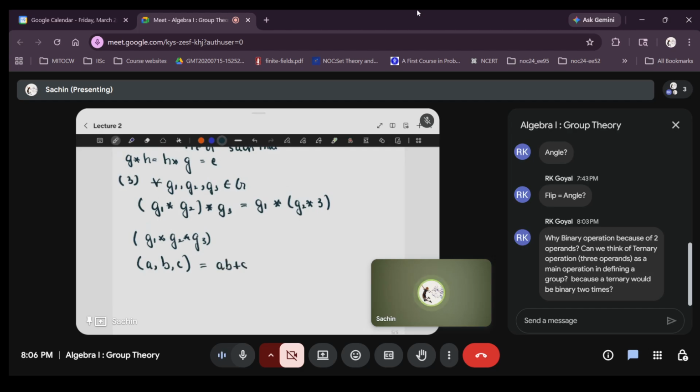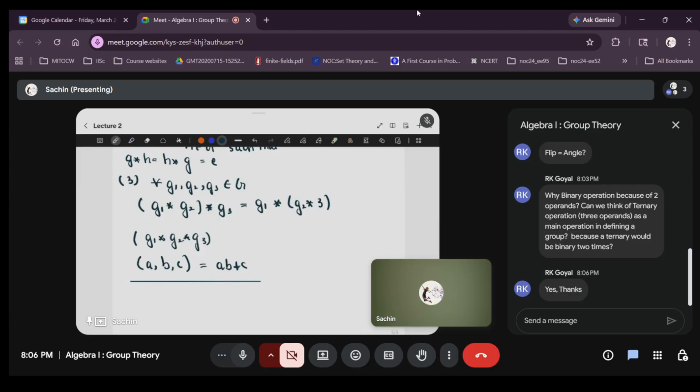Here there is no single binary operation that you're applying twice to get your ternary operation. So this would be entirely different. So we are dealing only with binary operations.